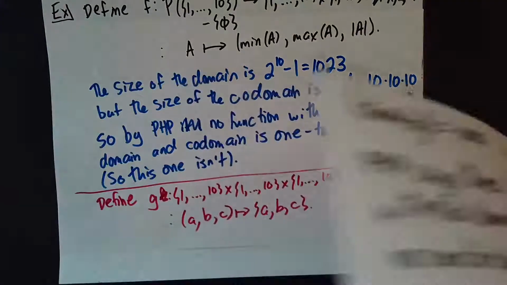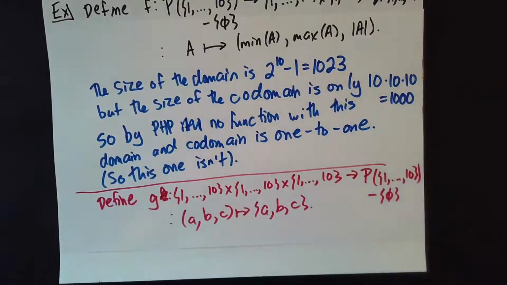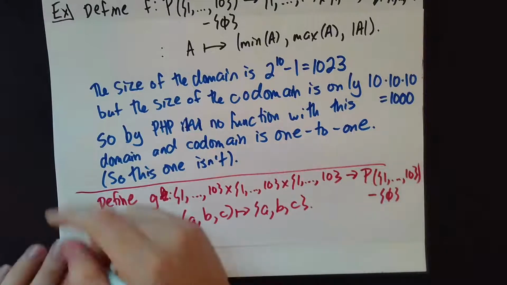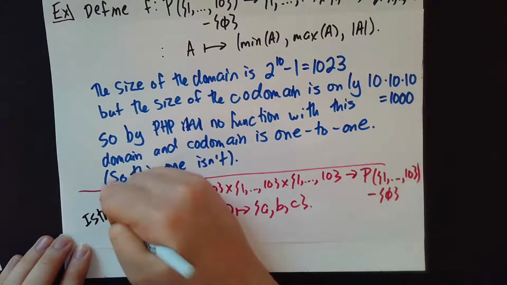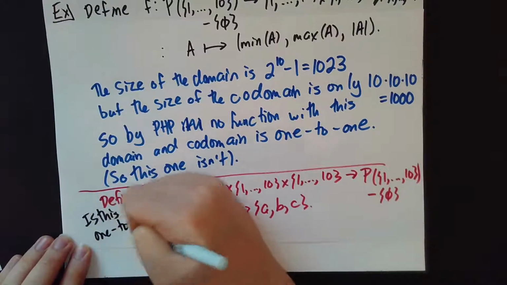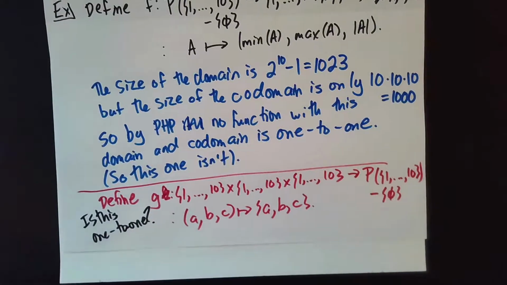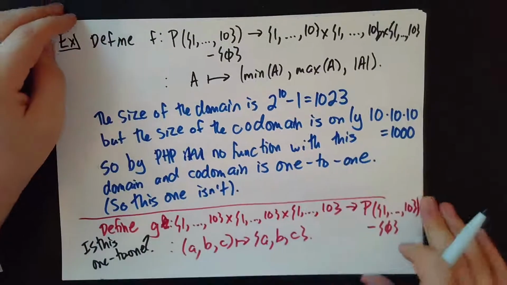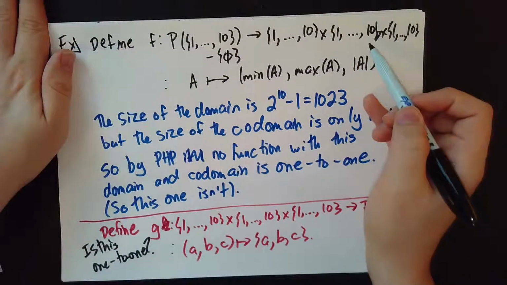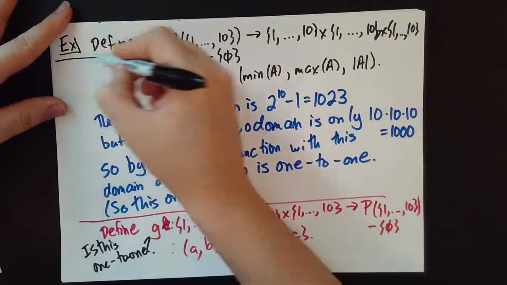So again, the questions are, is this function one-to-one? And what are two elements of the domain here that are different but map to the same element?